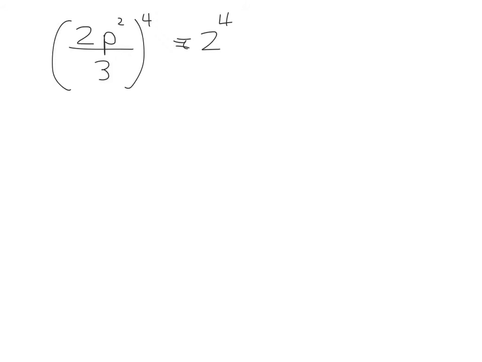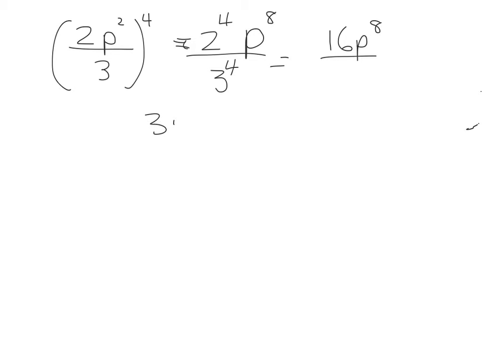P is going a power to a power, p squared to the fourth power, so I have to multiply those. That's p to the eighth. We're going to carry out these 2 to the fourth power, which means 2 times 2 times 2 times 2, which is 16, p to the eighth, and 3 times 3 times 3 times 3 is 81.